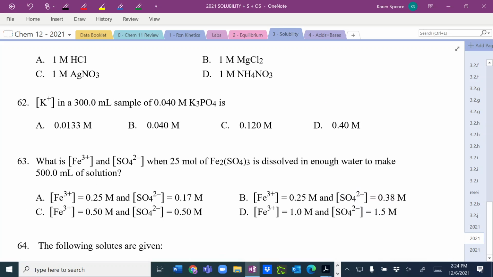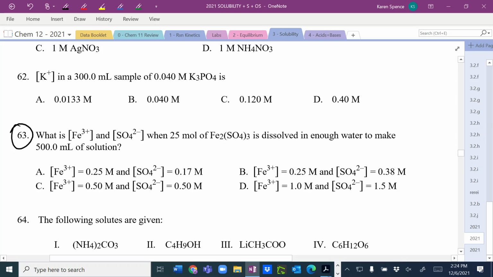So we'll find out if any of these are on that list of sort of weird ones. 63. Well, we'll do 67 as well, but 63 comes before 67, so yeah. Okay.